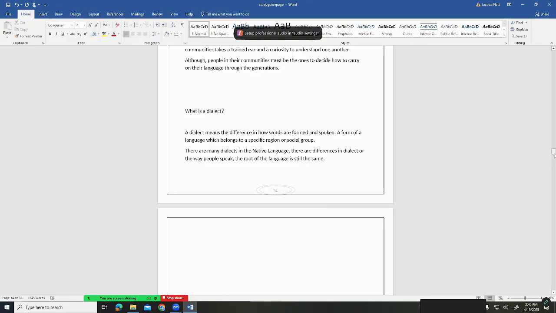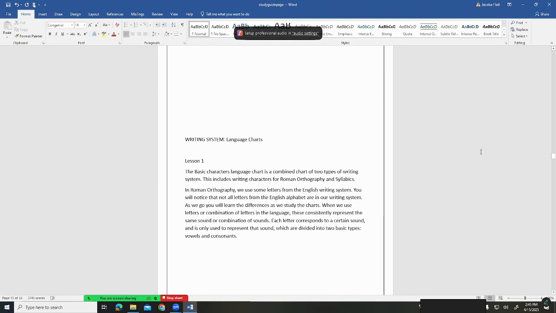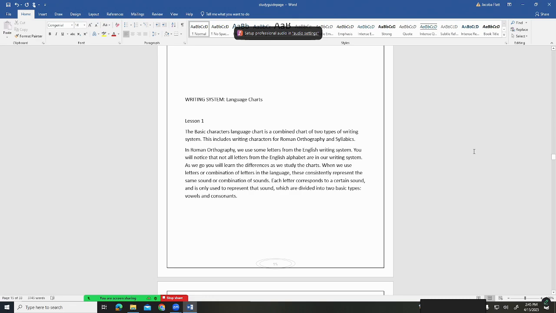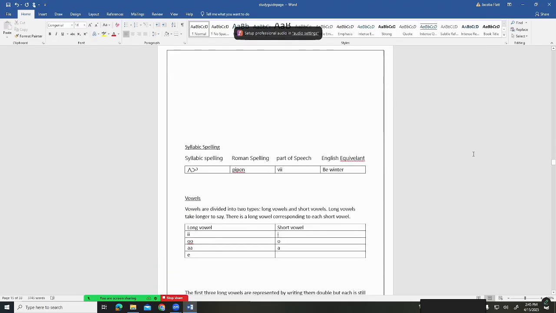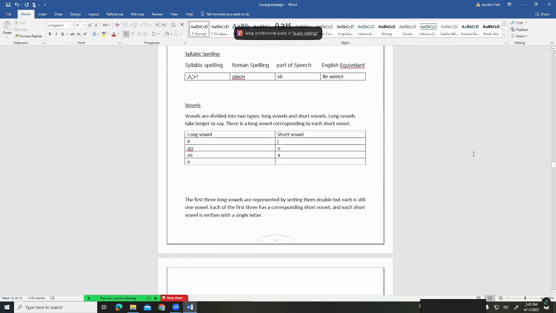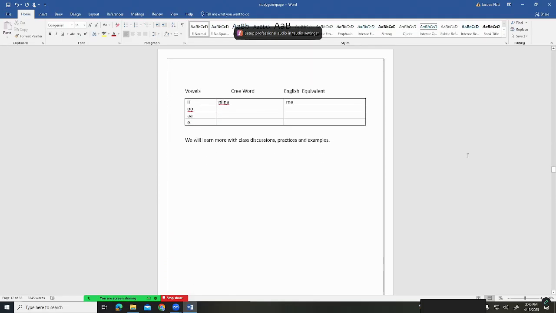Also, the practice sheets that are included are also to be handed in. It is good to look over the charts and practice saying them.